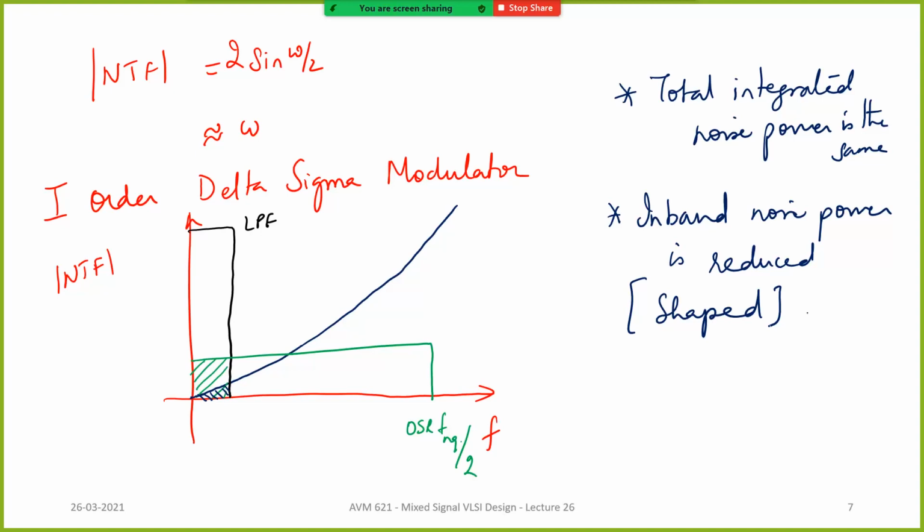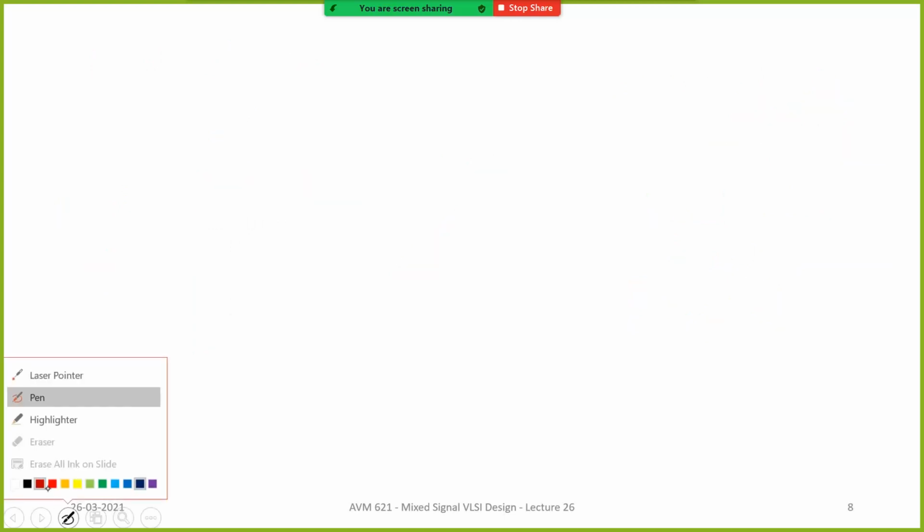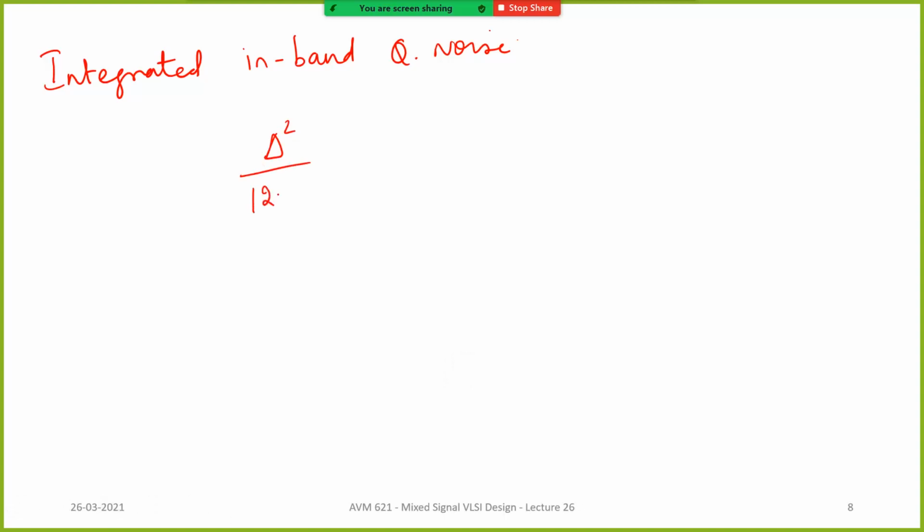So let us look at what the integrated in-band noise power is. For that, we'll say delta squared by 12 times pi. The reason I'm writing pi is that in yesterday's class I wrote in terms of fs.